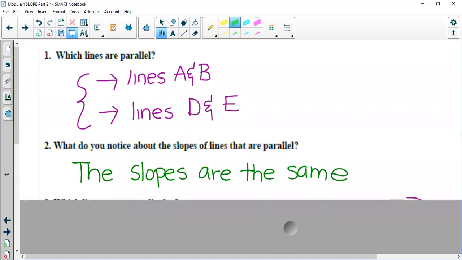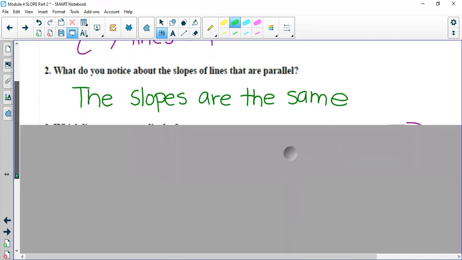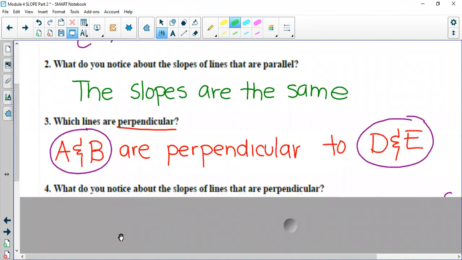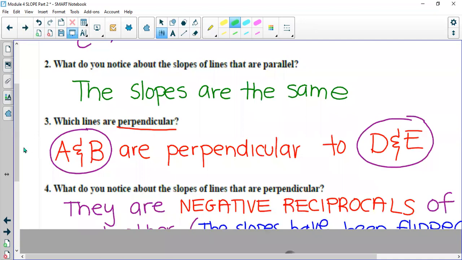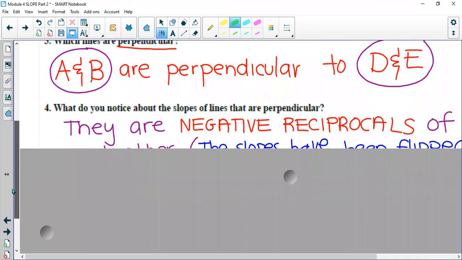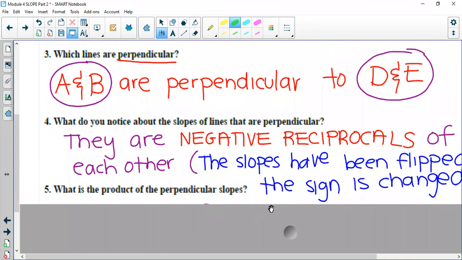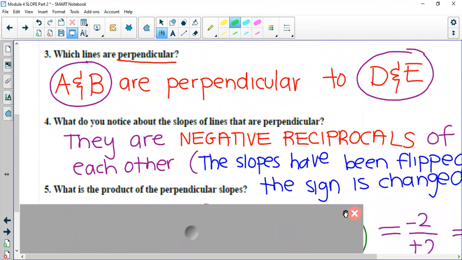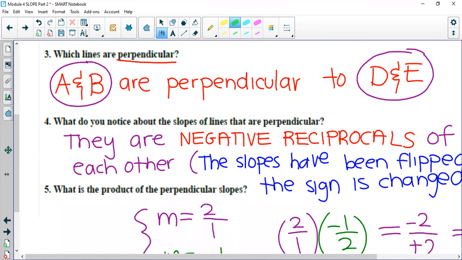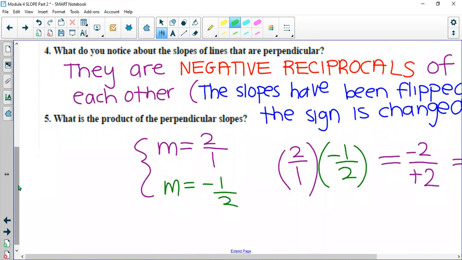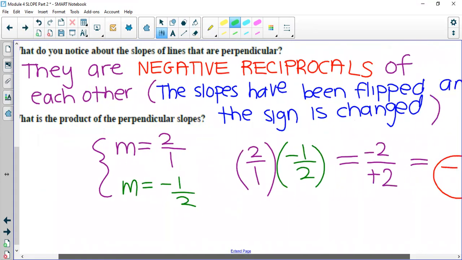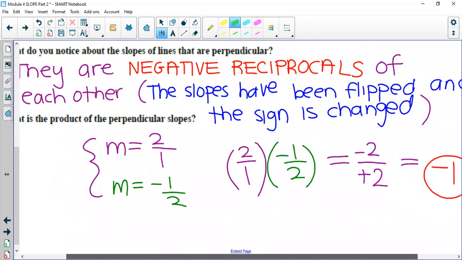So when we have parallel lines, the slopes are going to be the same. When we have perpendicular lines, I want you to write the last 2 points. Lines are perpendicular. They are negative reciprocals of each other. So we're talking about perpendicular lines, and I'm just going to move this over. So for example, positive 2/1.